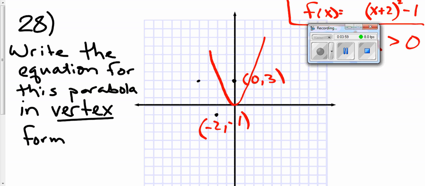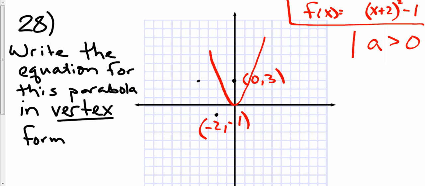How would you find out what the vertical stretch or shrink would be? Well, let's say that when you moved it, when x was 2, your y was 12.